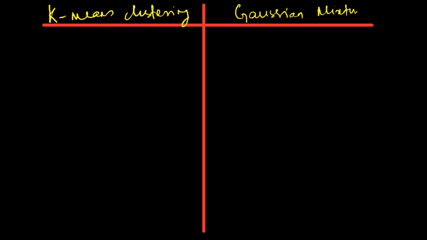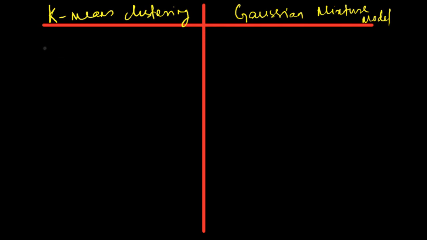So you have the k-means clustering and the Gaussian mixture model.